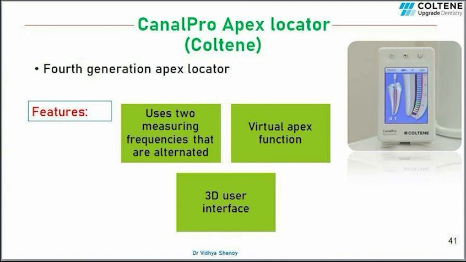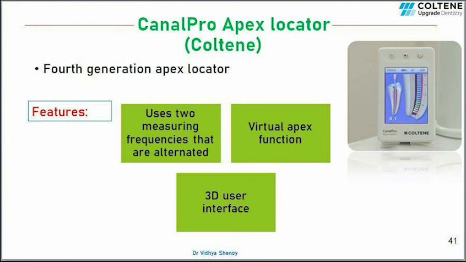Coltene has come up with a beautiful product that is CanalPro Apex Locator for working length determination. It is a 4th generation Apex Locator. It uses 2 alternating frequencies for measuring working length. So it eliminates noise and the need for signal filtering.